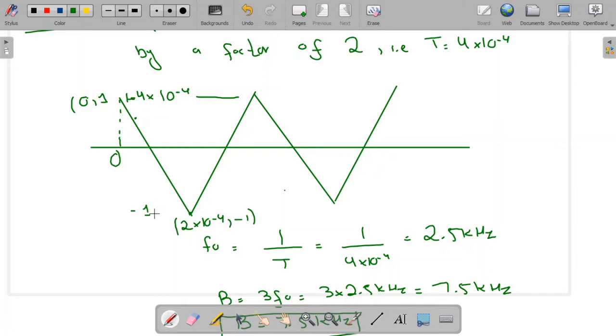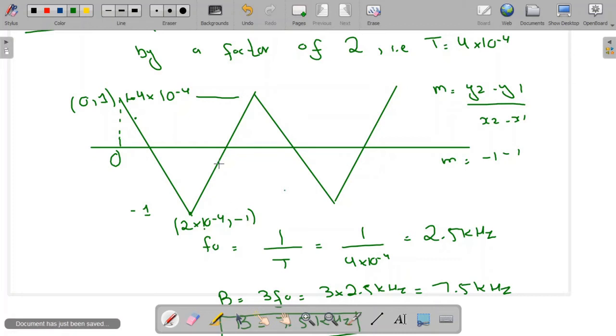So now the slope of this line will be equal to y2 minus y1 divided by x2 minus x1, where y2 is minus 1 and y1 is 1, x2 is 2 multiplied by 10 raised to power minus 4 and x1 is 0. So we get the slope as minus 2 divided by 2 multiplied by 10 raised to power minus 4, which equals minus 10,000.